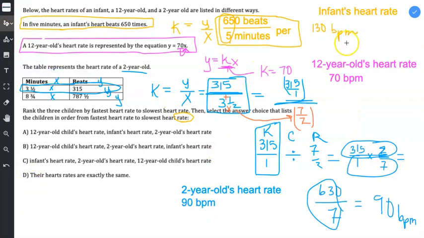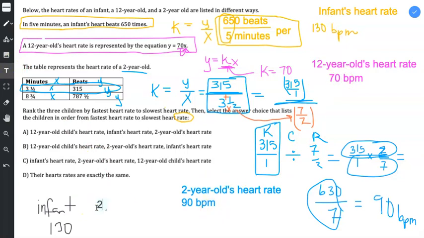So first would be, all right, the infants at 130. I think it'll be faster if I type. Then after that, all right, so the infant's 130, 70, and then 90. So the 90 would be next.